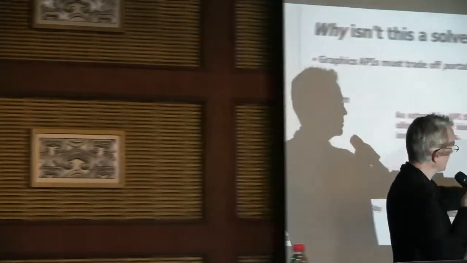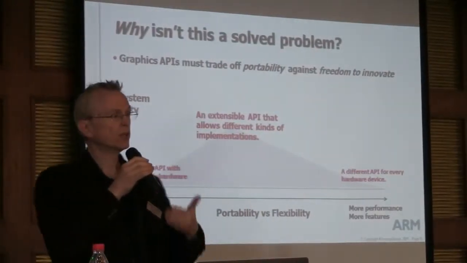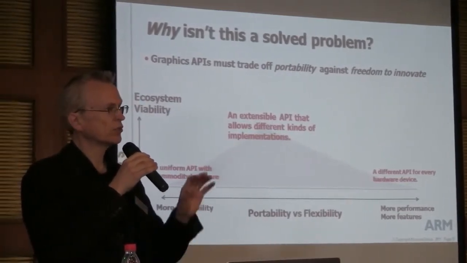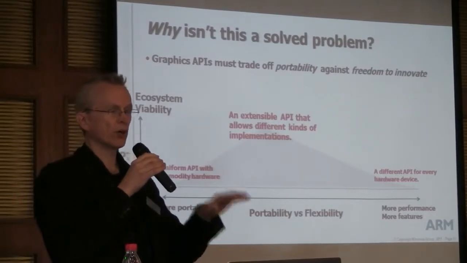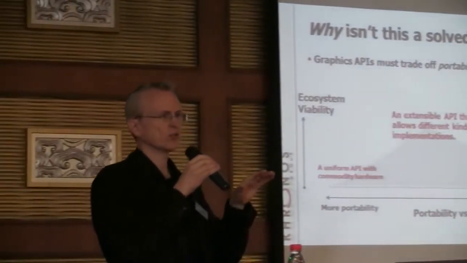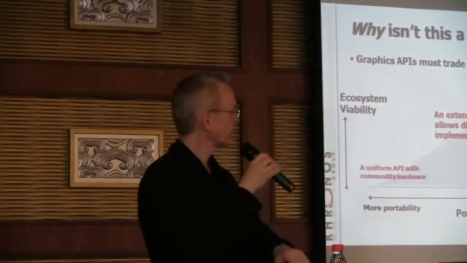Then I'm in this space here. This allows the hardware developers to innovate, to advance their technology very quickly. So you have very rapid progress of the hardware technology, but the software people cannot make money because it's too expensive to write applications for all these different hardwares.